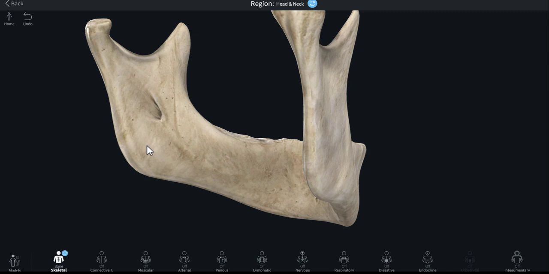And this part that is behind the mandibular foramen but above it, we have a relation of an artery, that is the first part of the maxillary artery. So it's postero-inferiorly and postero-superiorly.